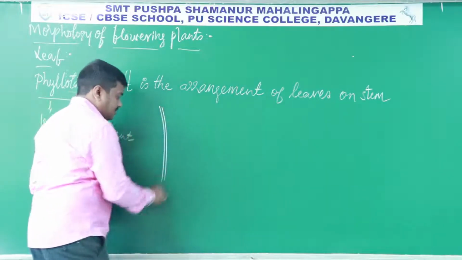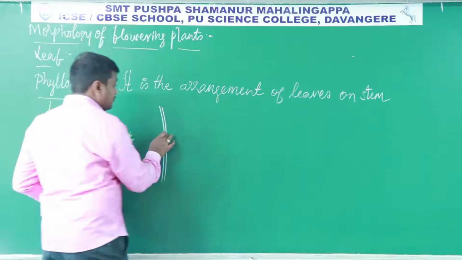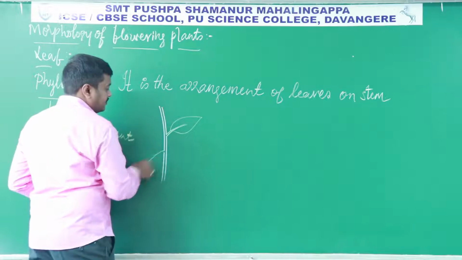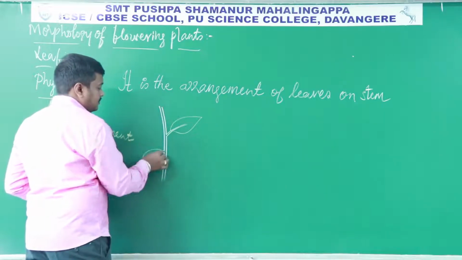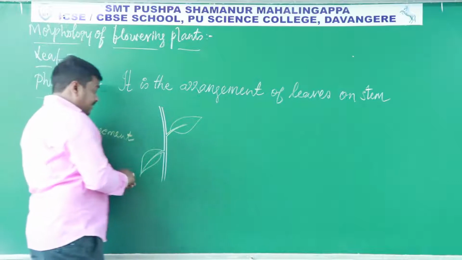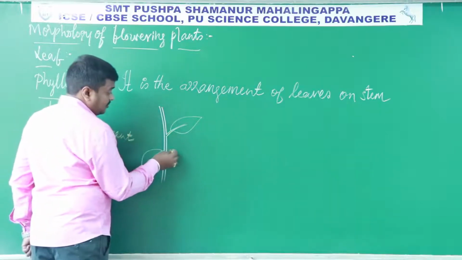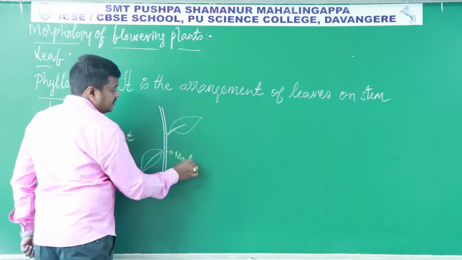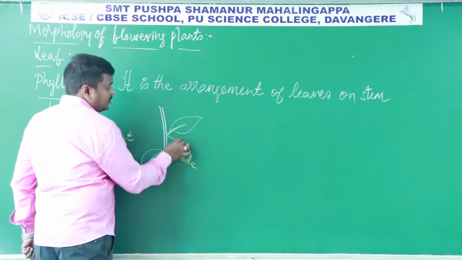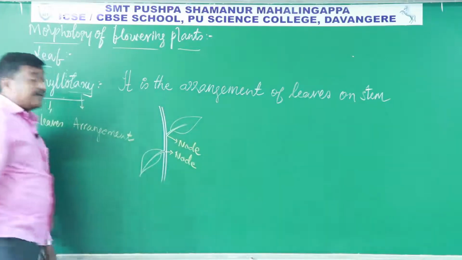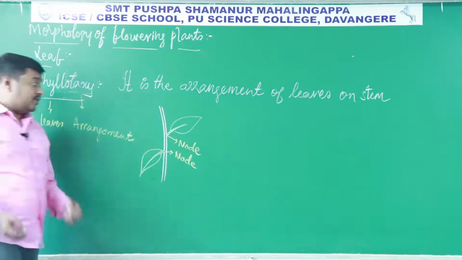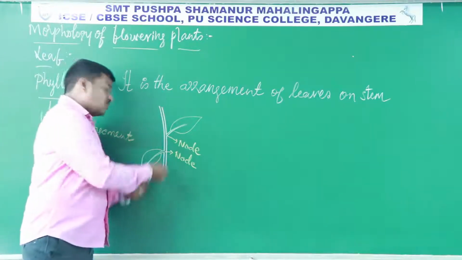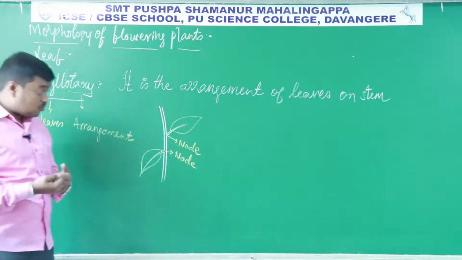Suppose this is the stem, and this is the leaf. Where the leaf arises, that part is termed the node. So this is also a node. Sometimes a single node may produce only one leaf, sometimes two leaves, sometimes four leaves, sometimes more than two leaves.